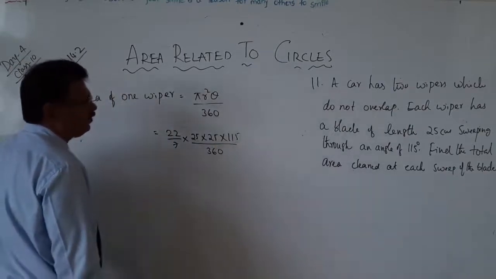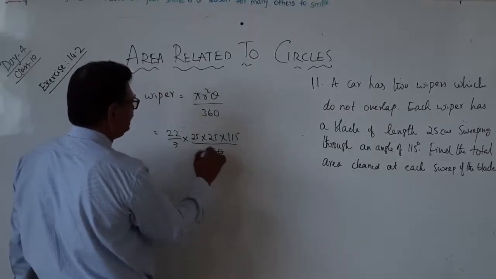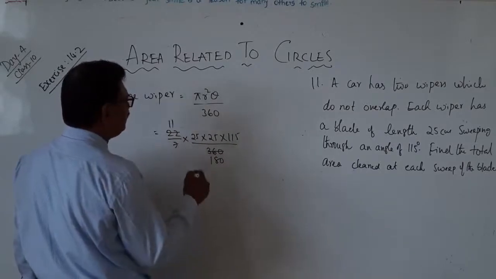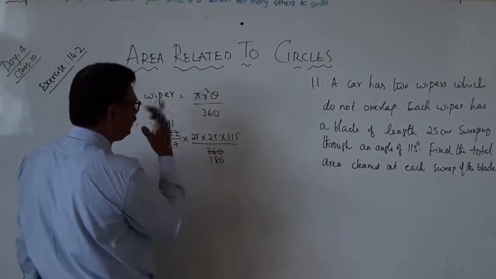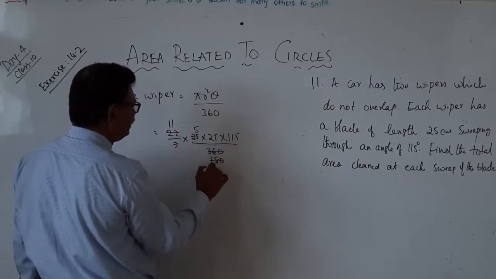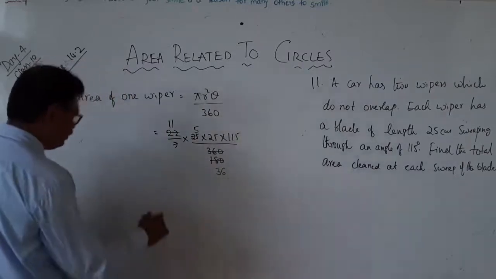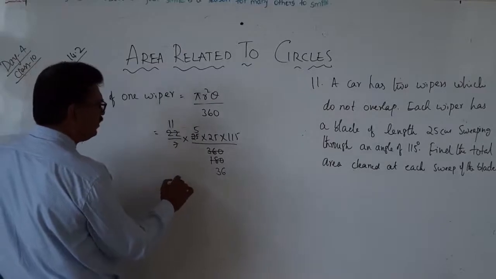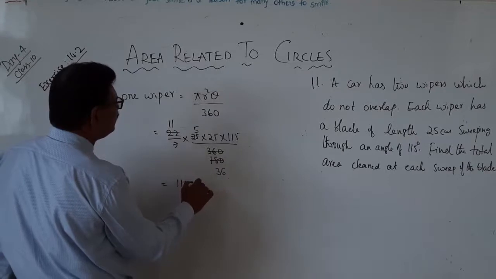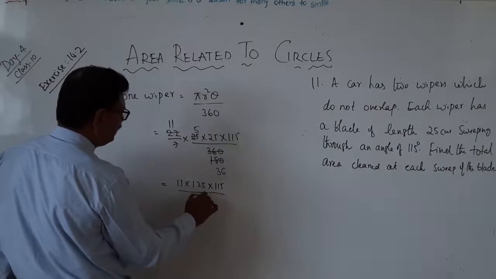Okay? So very simple. Cancelling, this is equal to 11 into 125 into 115 divided by 36.